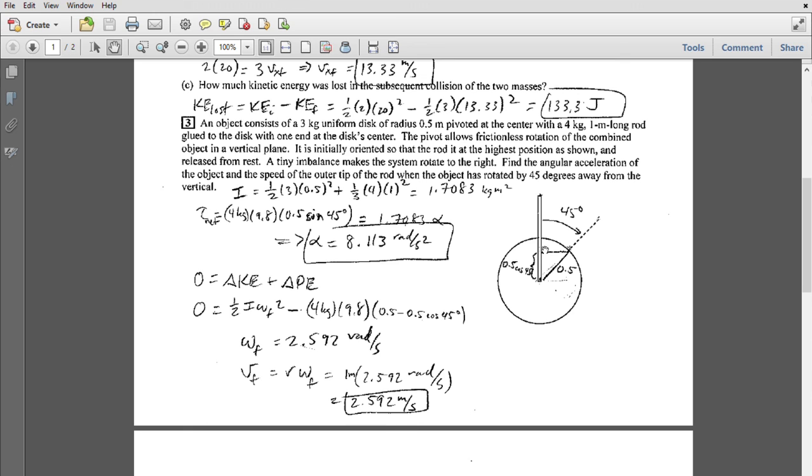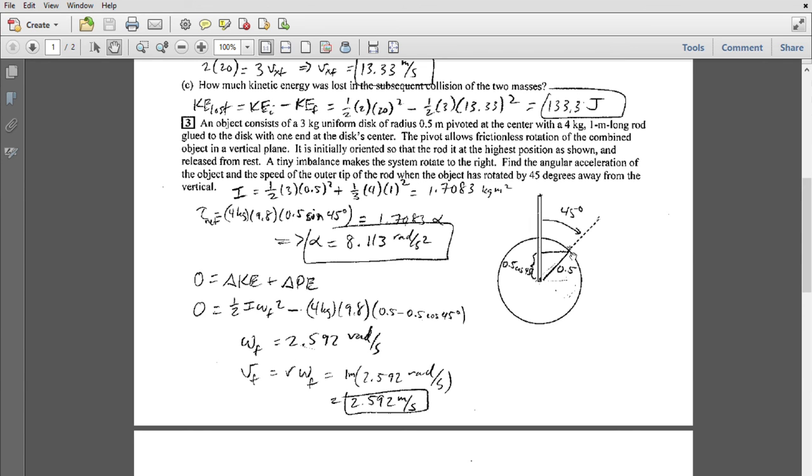So if we take the difference between those two, 0.5 minus 0.5 cosine 45, that's how far it fell. And then we do mg, the mass of the rod, m, g times that distance with a minus sign in front of it because the change in the y-coordinate is negative. Okay, putting all that together, we're able to solve for omega final.